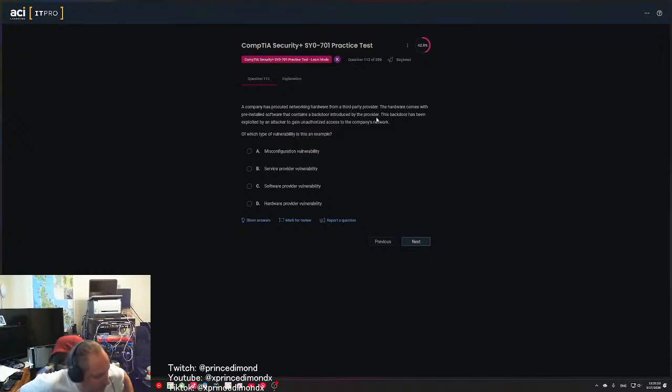Anyways, so with that, the backdoor has been exploited by an attacker to gain unauthorized access to the company's network. So which type of vulnerability is this an example of? So it's a vendor, but it's not a service provider. Is it a software provider?